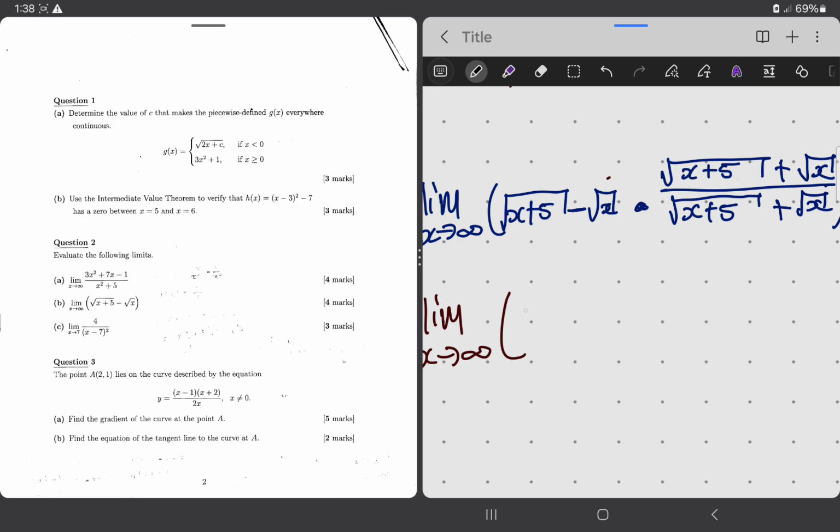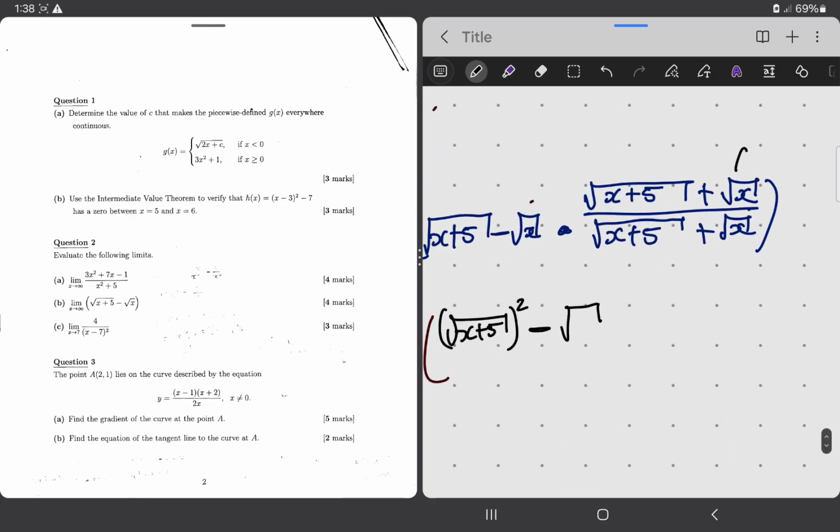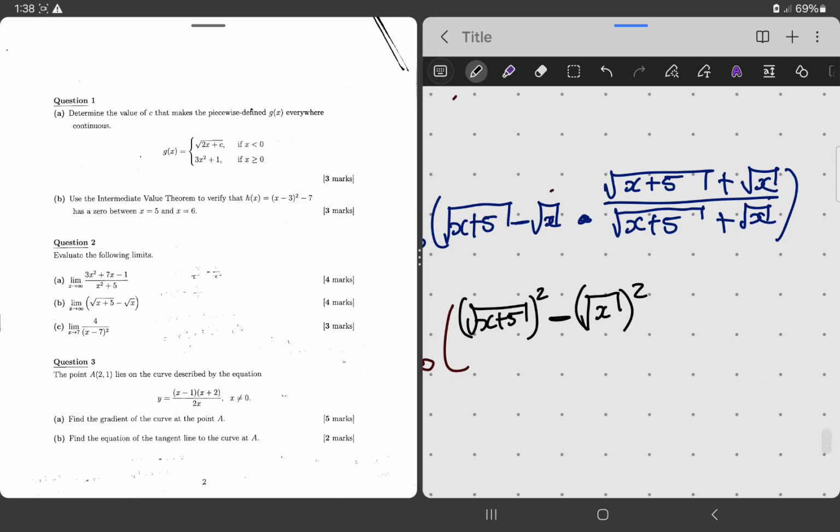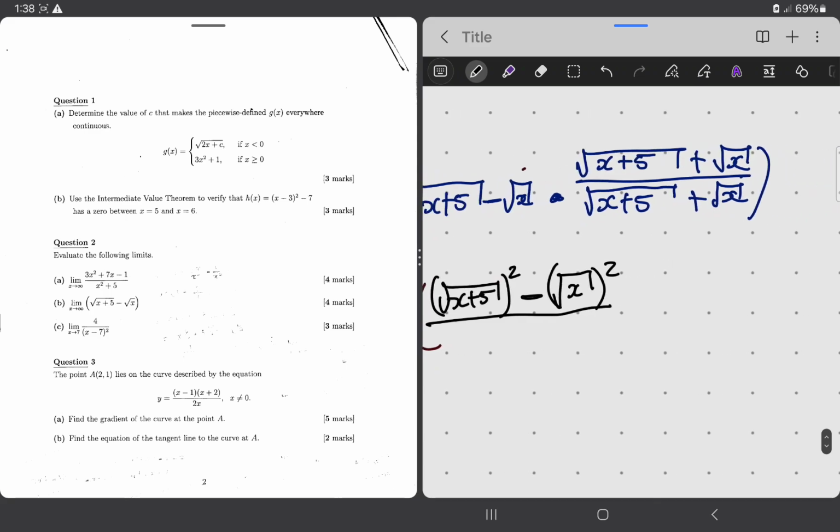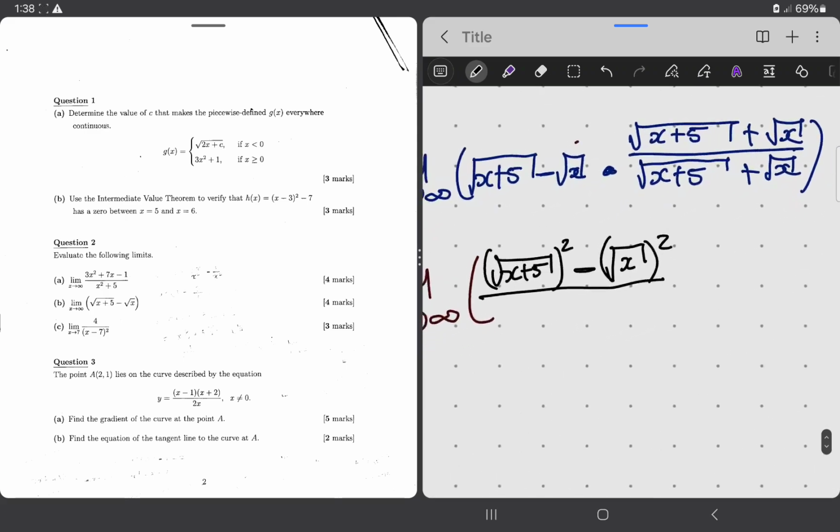You square the first term, so root x plus 5 all squared, then minus, then you square the second term, which is this one or this one, but you must put a minus between them, so it'll be root x all squared. It's just going to be divided by, there is nothing to multiply this, so it just comes in the denominator as it is, root x plus 5 plus root x.